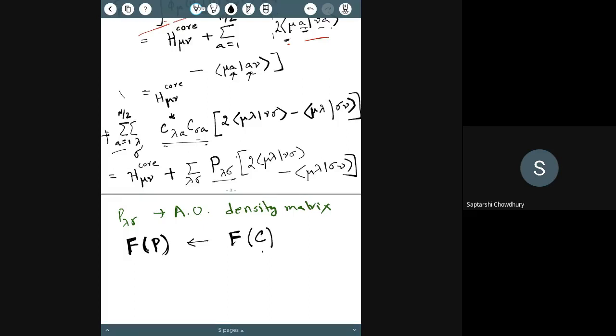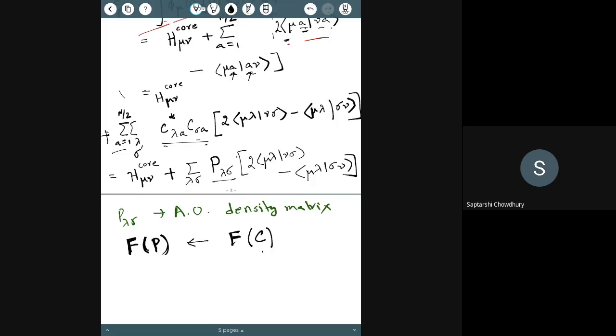That is normally much smaller, and you can store it. So from the point of view of storage, it is beneficial to go over to the density matrix, and that is why we define this quantity. Anyway, this was a side note just to understand what F mu nu is.